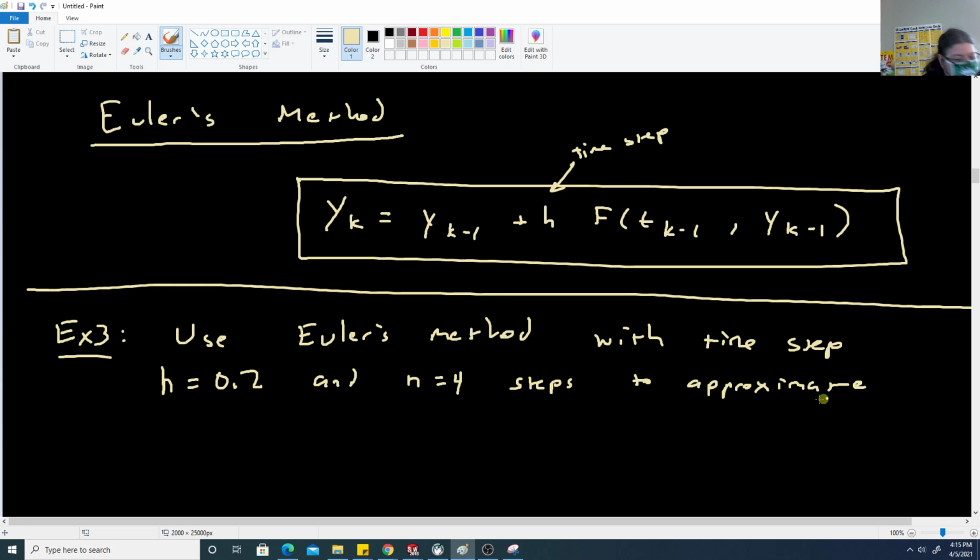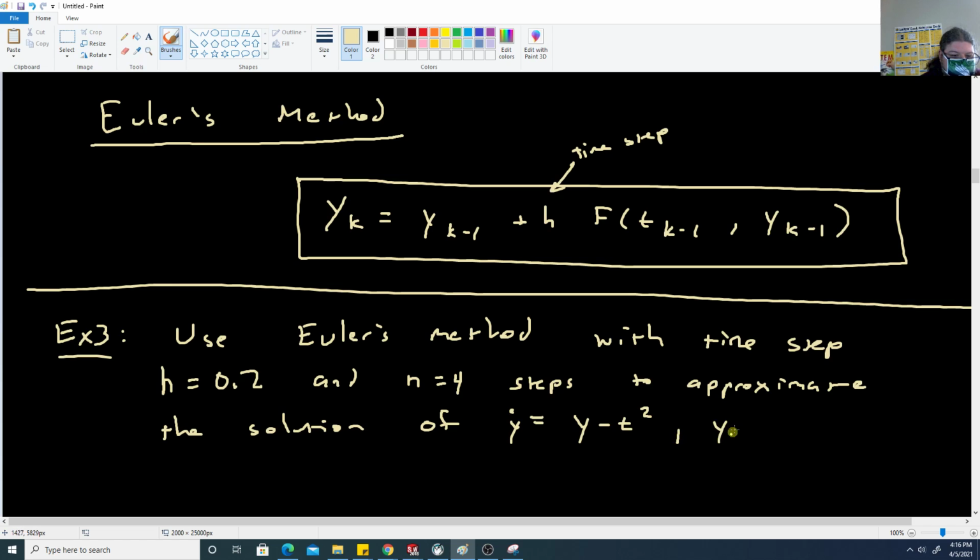They're going to give us a function, approximate a solution, or the solution, I guess we should say, of y dot equals y minus t squared.